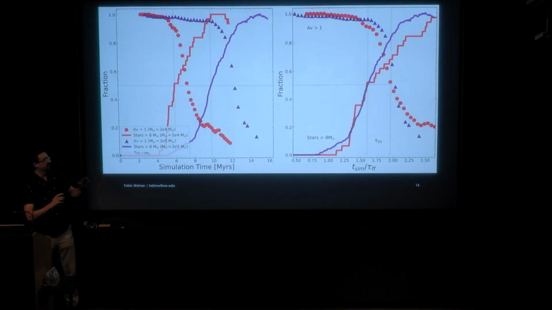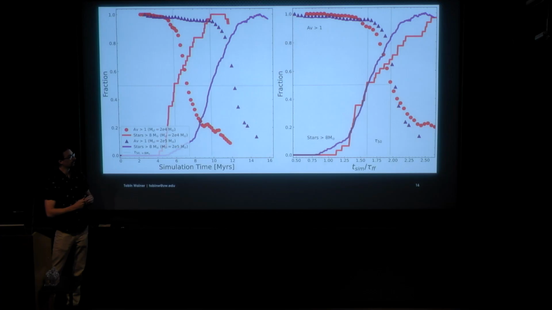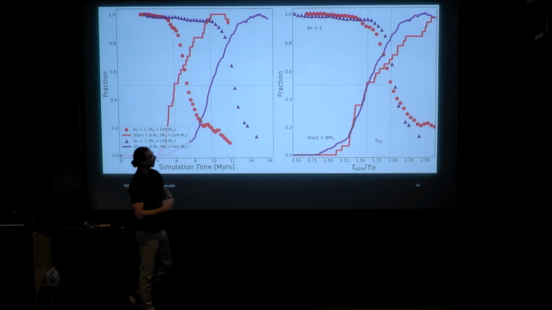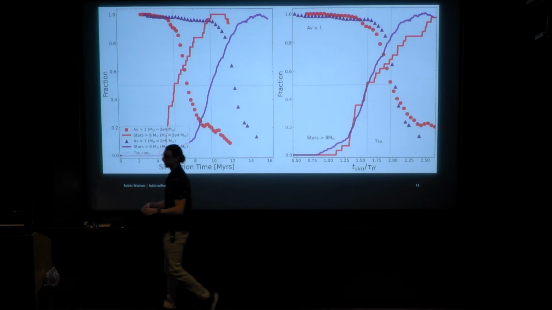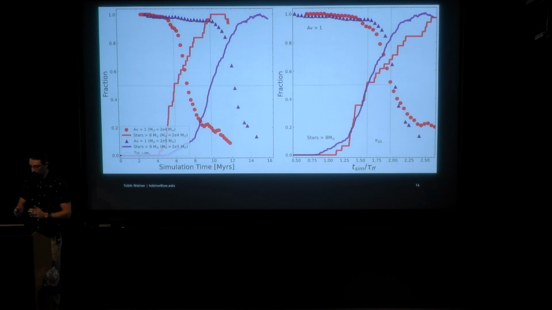If we scale this by the free fall time, we see the overall trend hold very true. It's not perfect, but it looks very consistent when we just scale the two clouds by the free fall time. So this is evidence that the embedded timescale scales with the overall free fall time of the cloud.